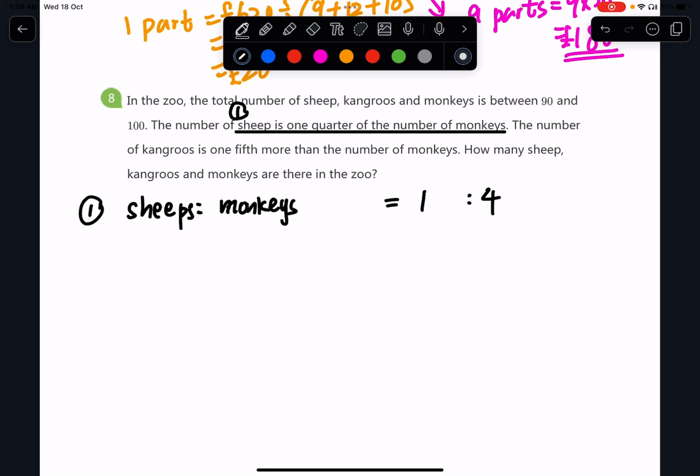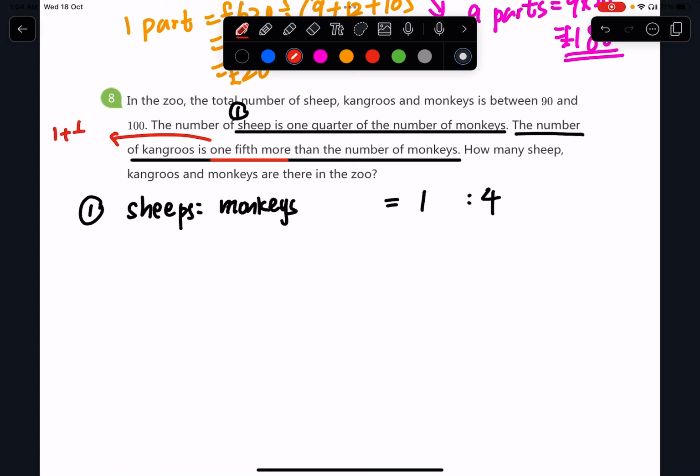How about the second ratio? The second ratio is the number of kangaroos is 1/5 more than the number of monkeys. So does that mean if there is 1 kangaroo, there are 5 monkeys? No, because there are actually more kangaroos. It is 1/5 more. So what does that mean, 1/5 more? 1/5 more actually means 1 plus 1/5.